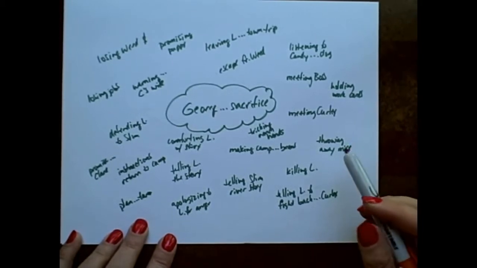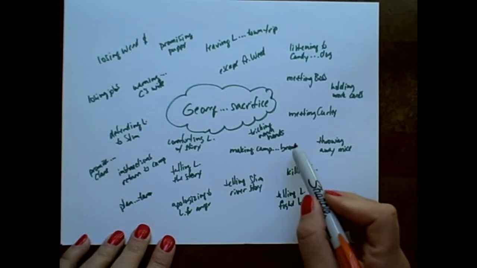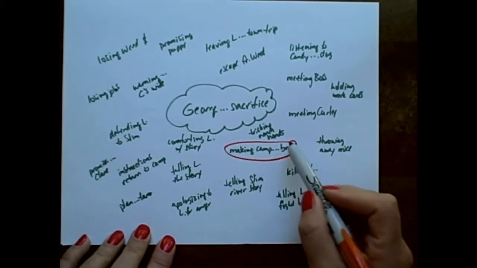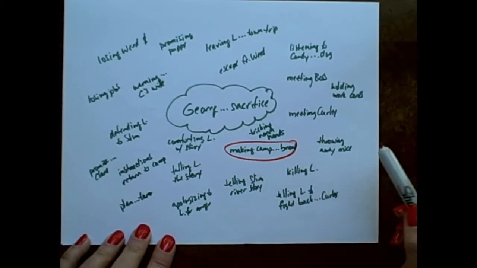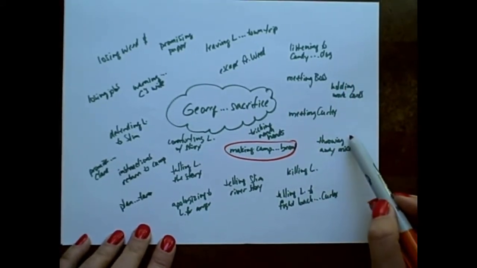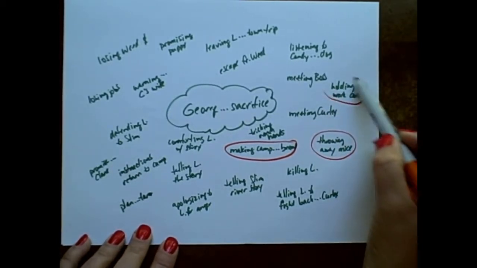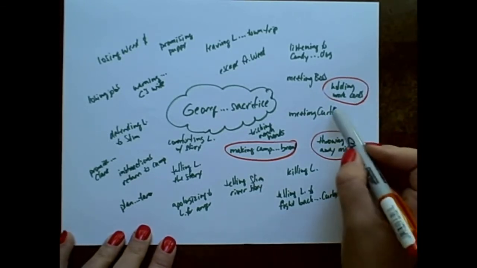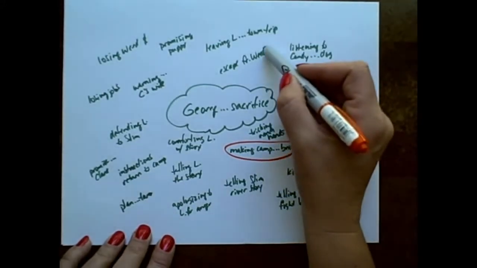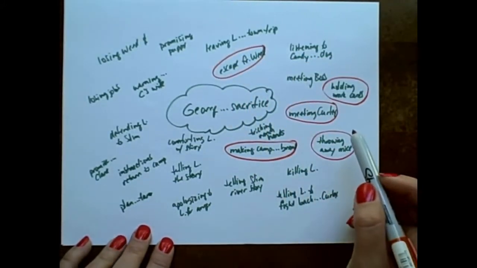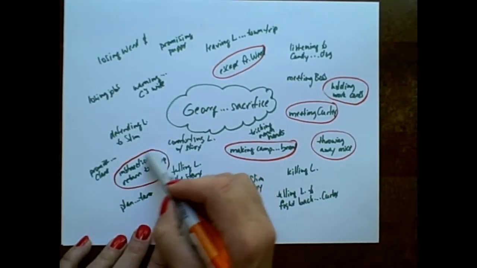Now let's look at all these examples and see if I can discern connections among any of them. If I look at making camp and eating beans, throwing away the mice, holding the work cards, meeting Curly the first time, the escape from weed, and let's see, instructions for returning to camp.